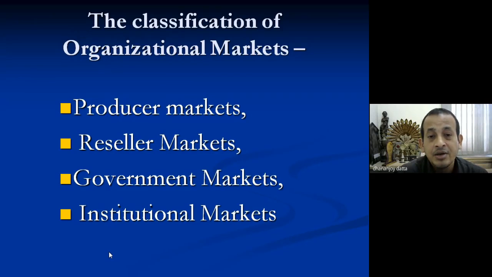In the producer market, producers purchase goods for their own use. Resellers resell the goods to others. In the government market, government purchases for its own use from village panchayat to central government. Then the institutional market involves private as well as government institutions.